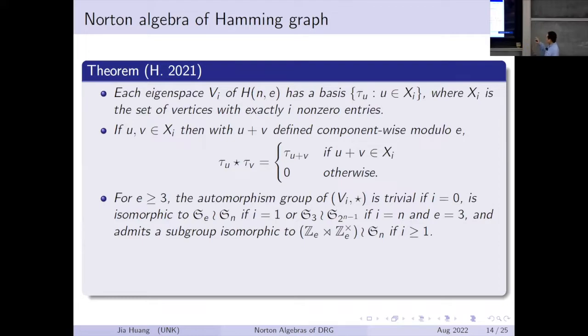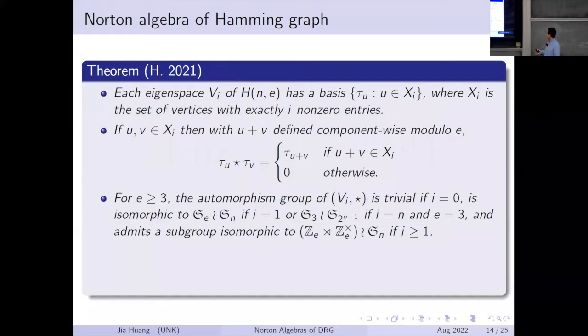When the number e is at least 3, we find that the automorphism group of Vi is trivial when i is 0, or isomorphic to the wreath product of Sn and Se when i is 1. Remember, that's exactly the automorphism group of the graph H(n,e). But in other cases, it's not quite like that. We have a wreath product of S3 and S2 to the n minus 1 when i equals n and e equals 3.